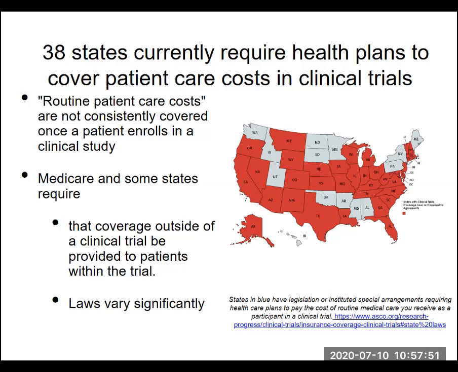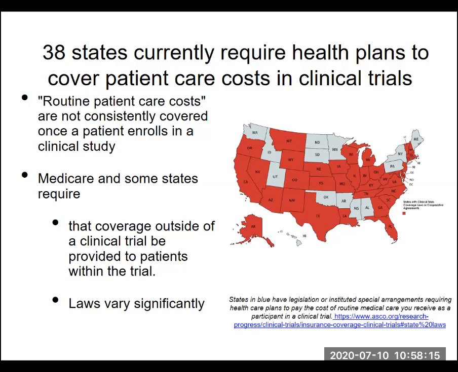But again, that is something that you want to be aware of if you decide, or somebody in your family decides that they want to become participating within one of these clinical trials, because it could be very devastating to find out that your insurance has been pretty much suspended because you're involved with a clinical study.